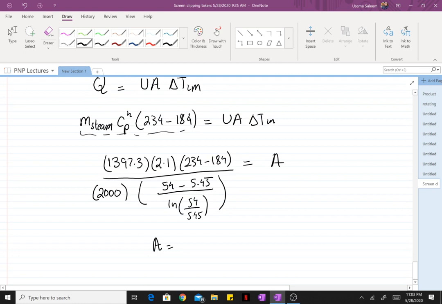Okay, once again, the hardest part, punching the numbers into the calculator. Ooh, all right, finally. Our answer comes out to be 3.47 meters squared.